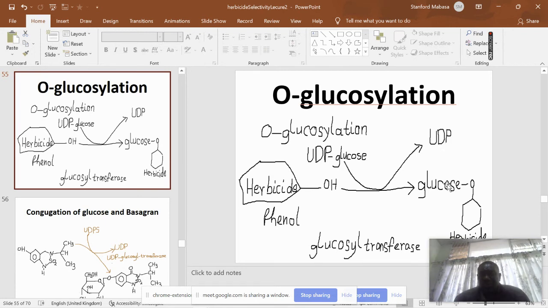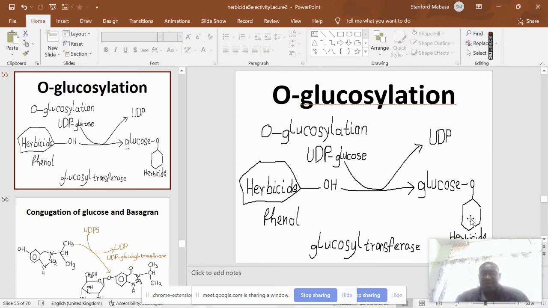Now the glucose is joined via the oxygen to the herbicide part. And we call this O-glycosylation. That is the process. And this is the glucosyl transferase enzyme, which will facilitate this reaction.